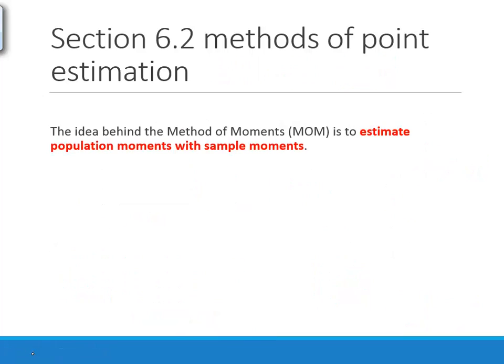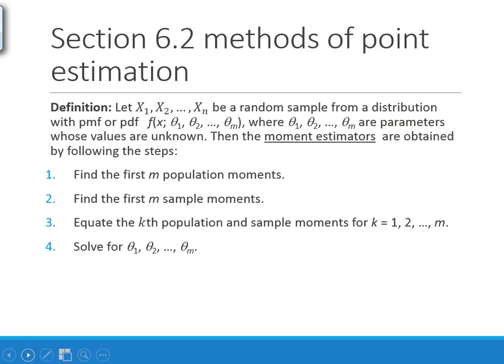With those definitions in mind, here is how we'll do method of moments estimation. We want to estimate the population moments with sample moments, and we'll just set those two things equal to each other.